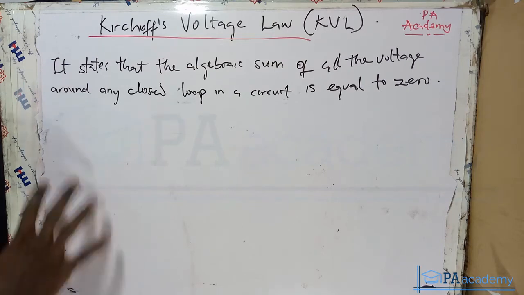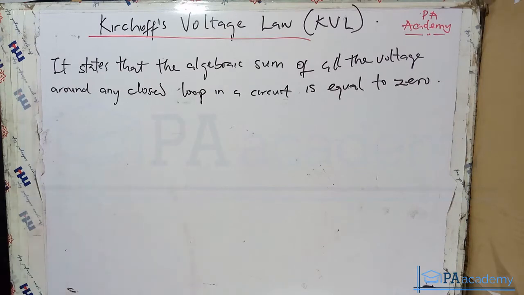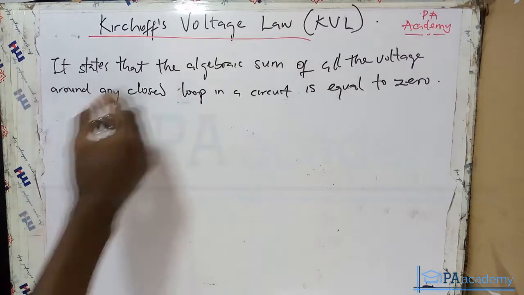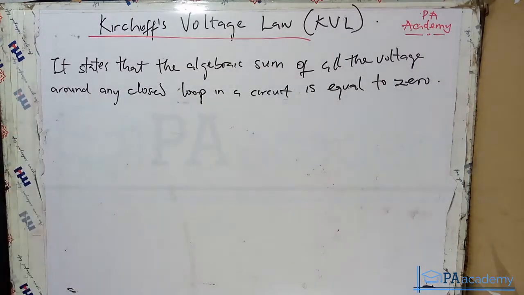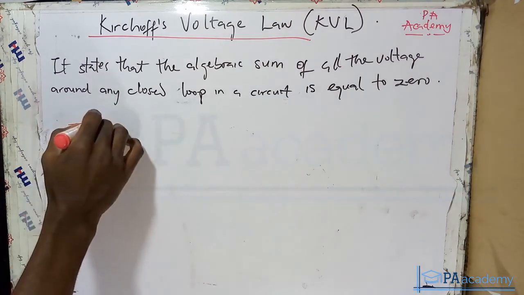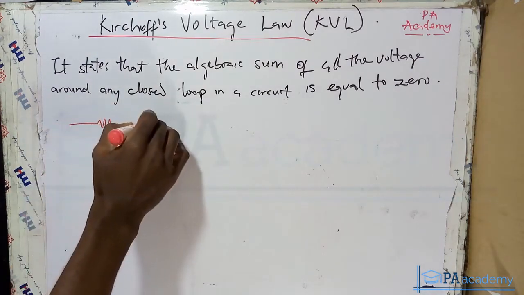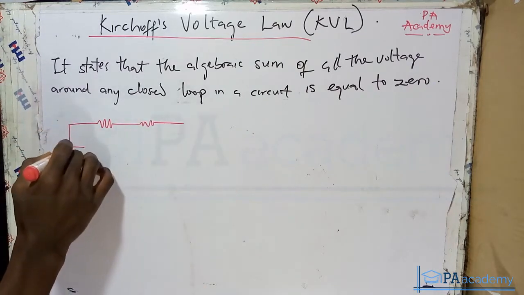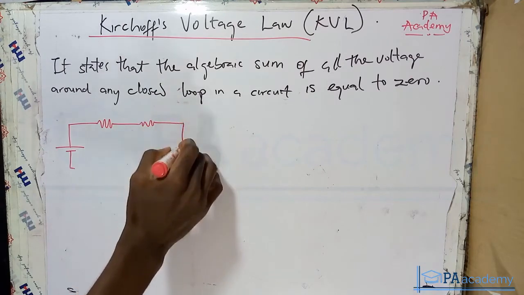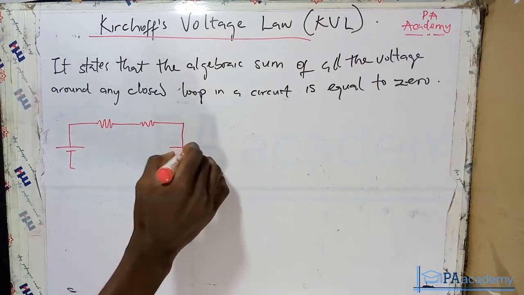Now, for us to properly explain what Kirchhoff Voltage Law is, we will need to first of all draw a circuit. So let me just draw a very simple circuit. So right here we have our voltage source, and then we have another voltage source.